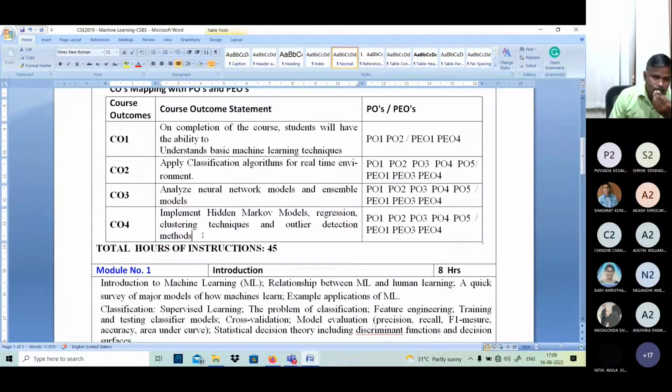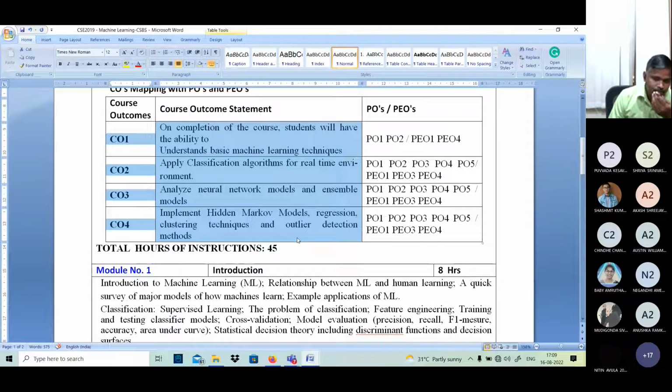So on the whole, each student is able to identify basic machine learning algorithms and apply them to solve real-time problems. That is the main course outcome of this machine learning CSE 2019 course.